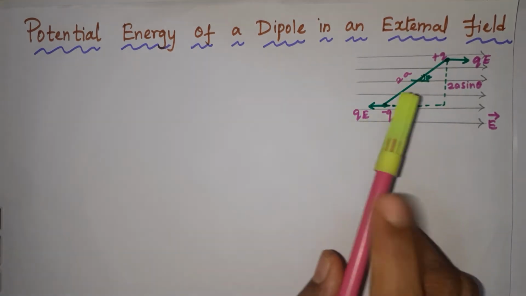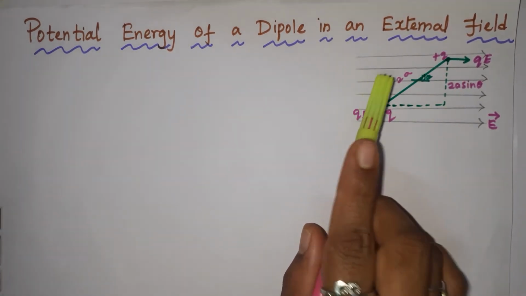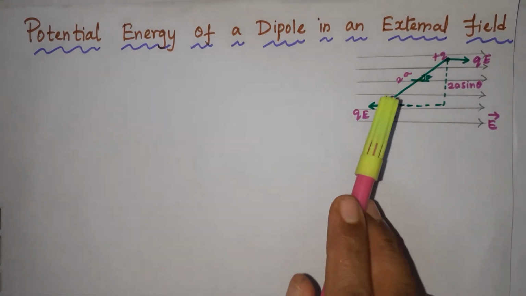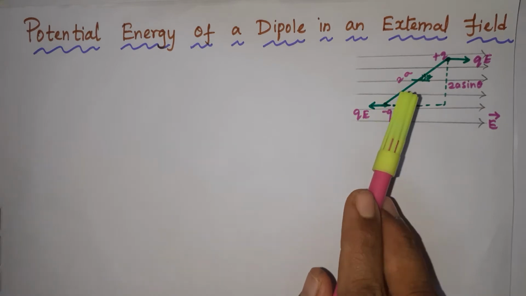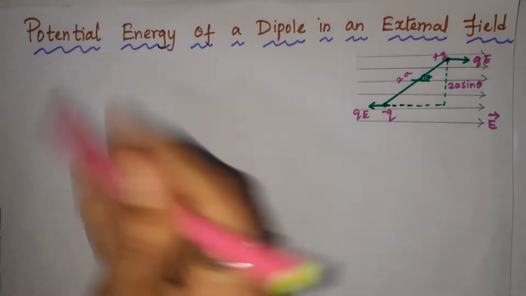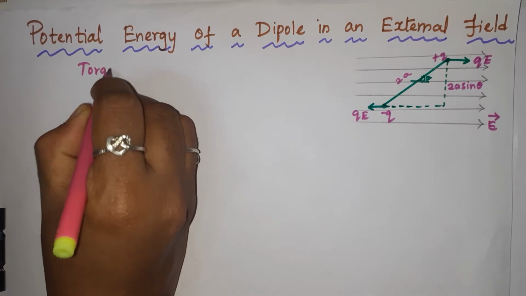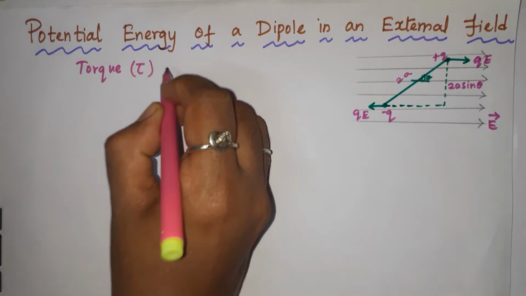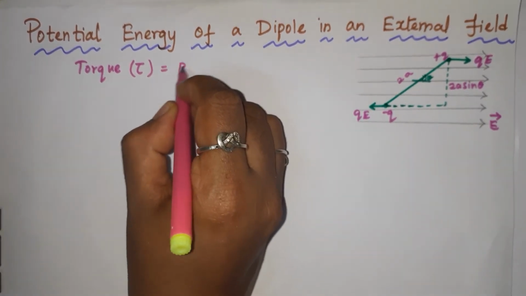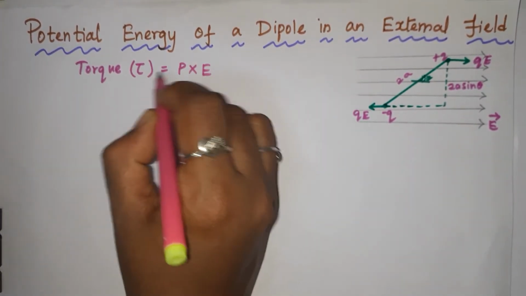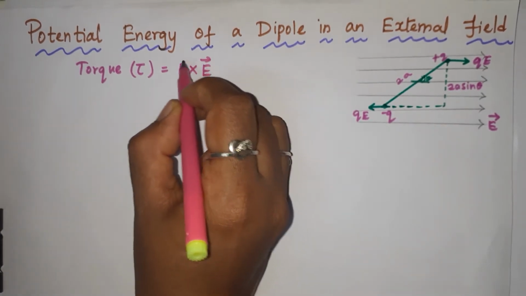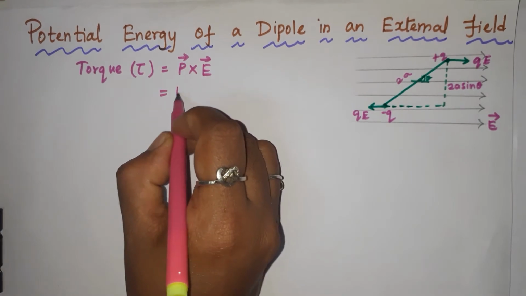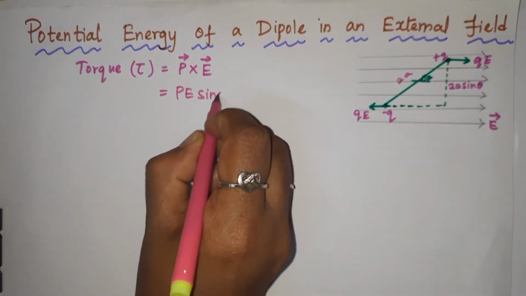The dipole experiences no net force but experiences a torque in a uniform electric field. The torque, whose symbol is tau, is equal to P cross E, that is PE sin theta.